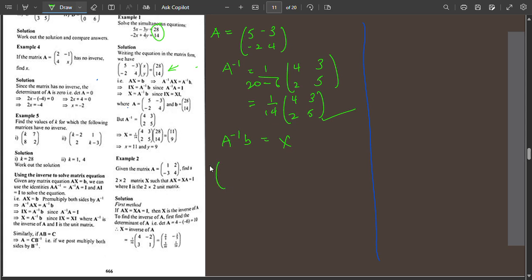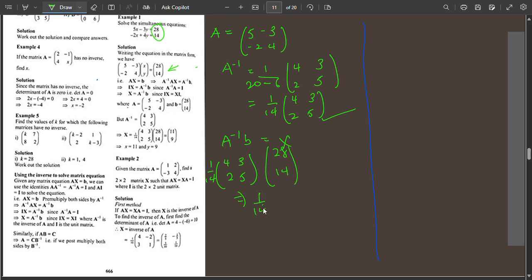So now we have 1 over 14, 4, 3, 2, 5. Right? Then multiply by 28, 14. Let's find the product here.